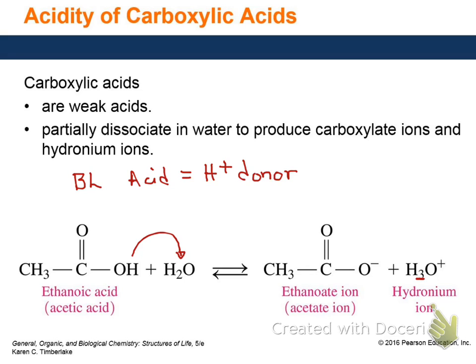And it has a positive charge because you put a hydrogen with a positive charge over there. So this is the H plus donor part, and then water is the acceptor, and that makes it the base in the Bronsted-Lowry definition. So the base picks up a hydrogen, the acid loses a hydrogen.